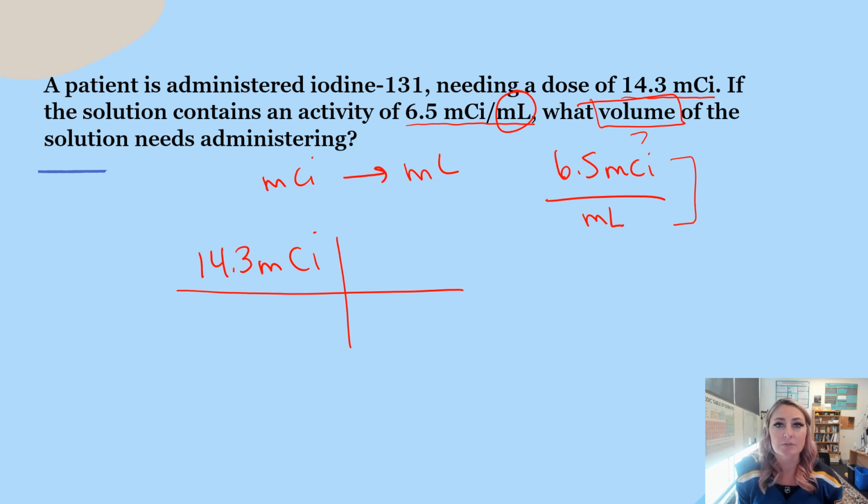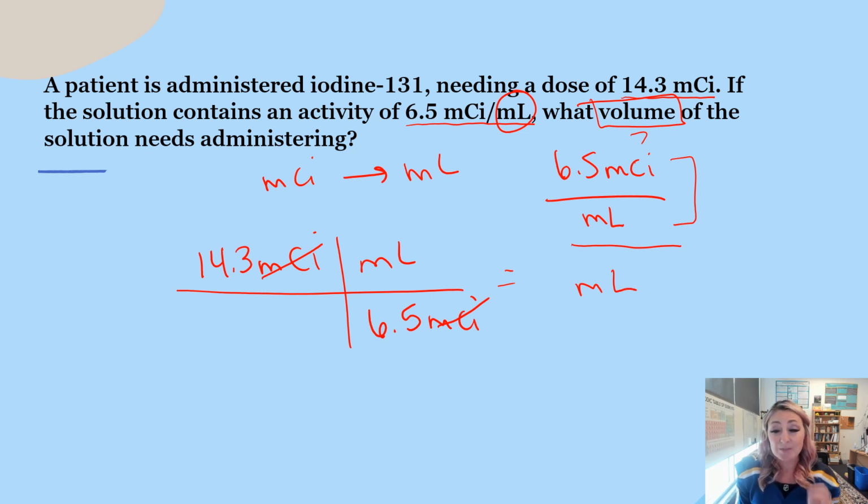So we're also going to include that when we determine how many sig figs for our final answer. All right, if I plug in this conversion factor as written up here, I'm not going to cancel millicuries. So I'm going to go ahead and flip that. And I'm going to put milliliters on the top and 6.5 millicuries on the bottom. So that will cancel my millicuries, leaving me in milliliters, which is exactly what the problem asked for.